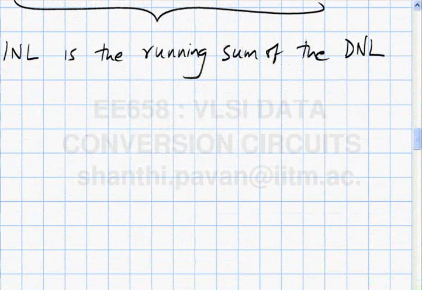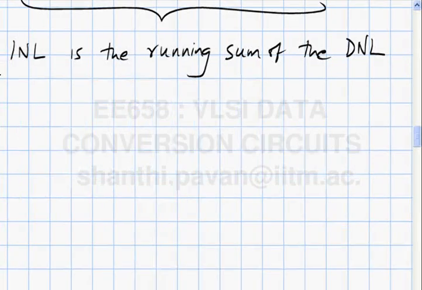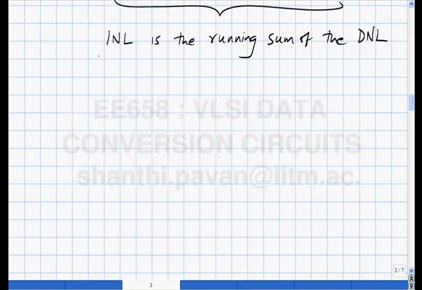The question is, if both have the same information, why bother quoting both DNL and INL? If only DNL was given, the human eye cannot integrate a curve just by looking at it. For example, we generally tend to think that if mod DNL is less than half an LSB, the characteristic will be monotonic.